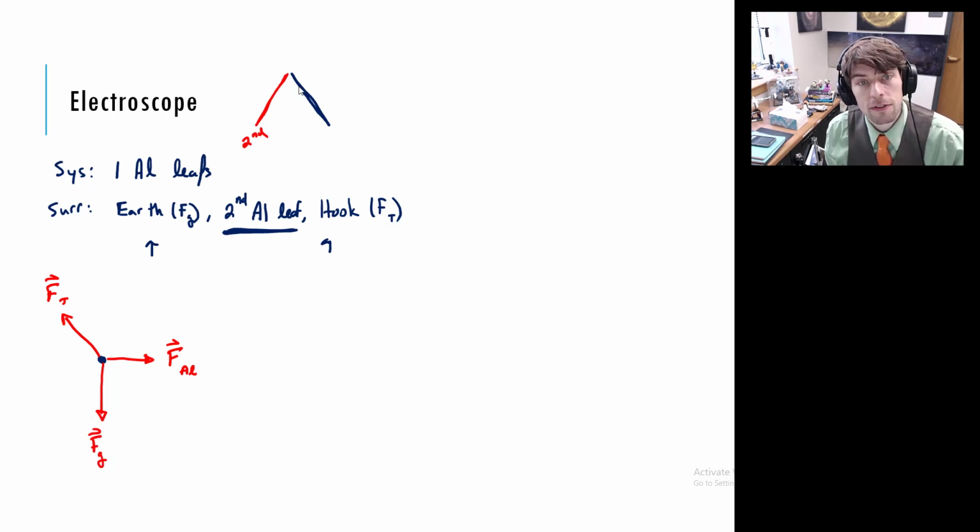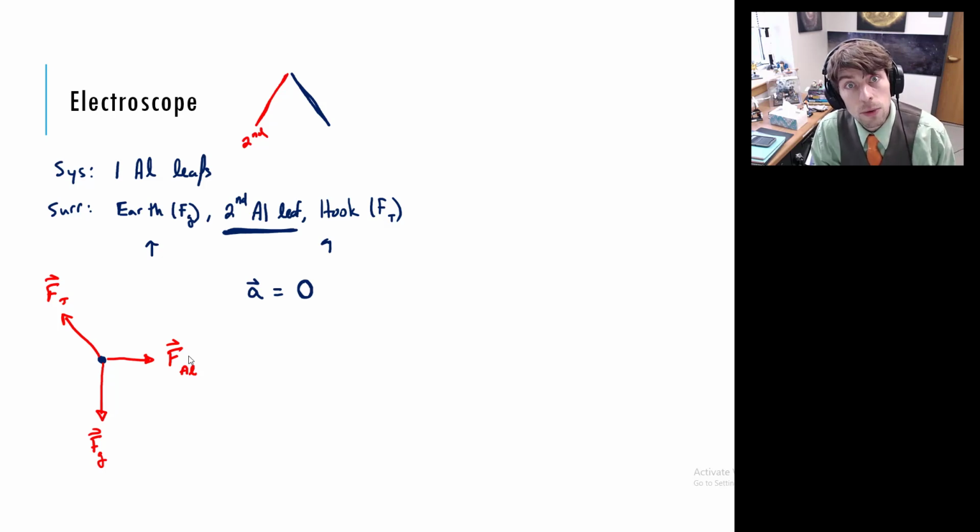What's the acceleration of my system? Yeah, good. You saw in the video that the leaf was just hanging there. And so we can make a statement that the acceleration of my system is 0. What does that mean the net force acting on the system is equal to? Good.